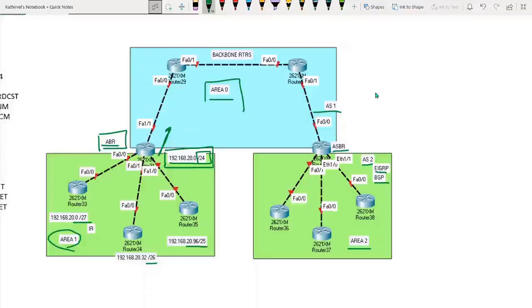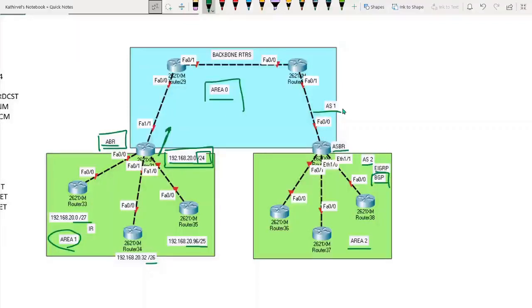For example, your branch 1 comes under one autonomous system, your branch 2 is under another, and your ISP, internet service provider, is in another autonomous system. When we configure BGP, we use autonomous system numbers to distinguish between the different admin domains and connect them.